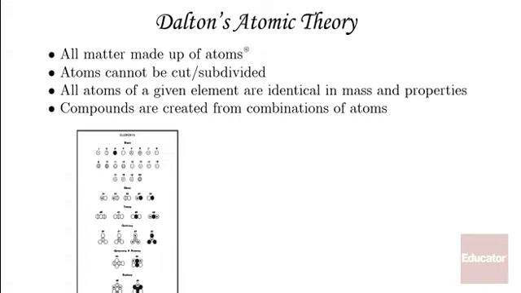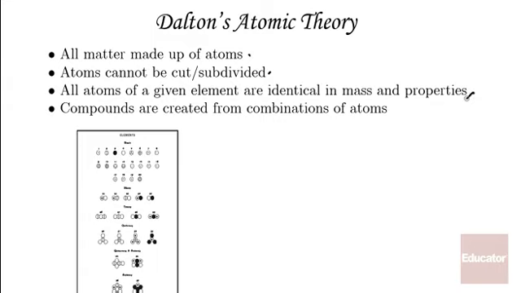All matter is made up of atoms. Atoms cannot be cut or subdivided. In fact, the word atom means cannot be cut in Greek. All atoms of a given element, all atoms of hydrogen, say, or all atoms of carbon, or all atoms of oxygen, are identical in their mass and in their properties, both physical and particularly chemical properties.